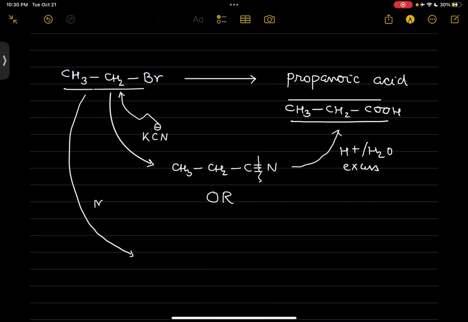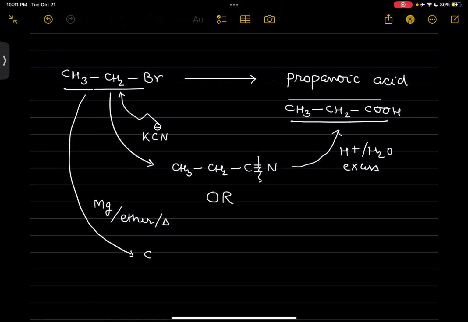First react with magnesium. Heat it with magnesium in the presence of ether. Ether is used for dissolution, because magnesium is solid. What will happen?